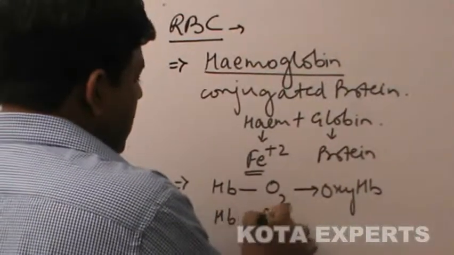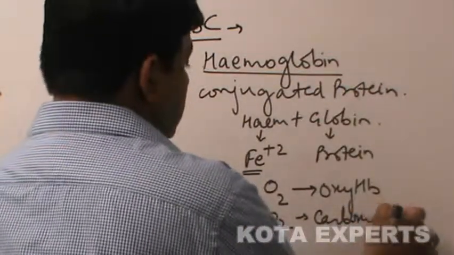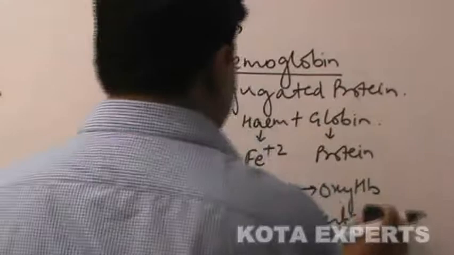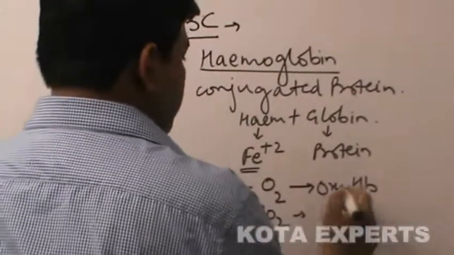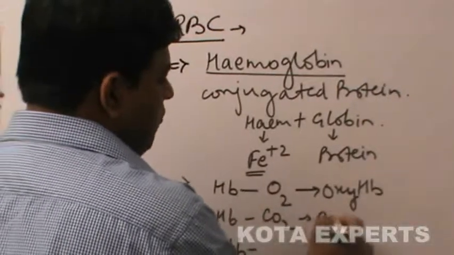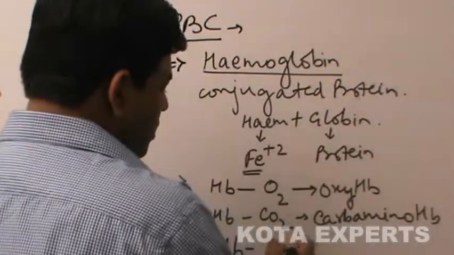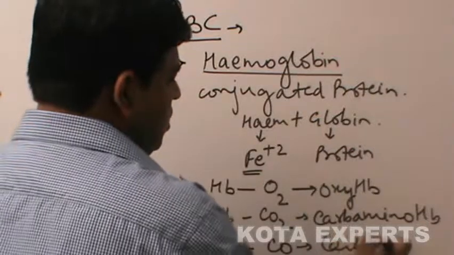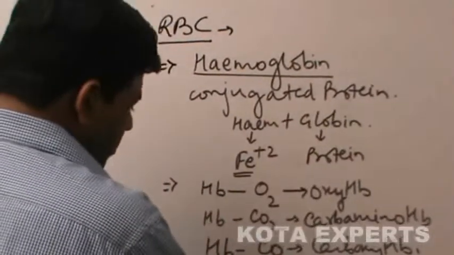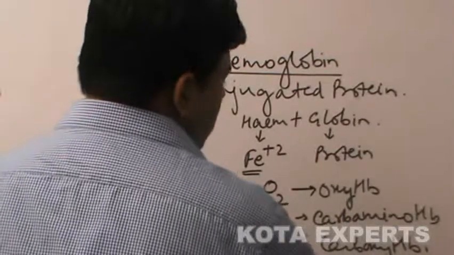With carbon dioxide it forms carbaminohemoglobin, and with CO it forms carboxyhemoglobin, and with methane it forms methemoglobin.